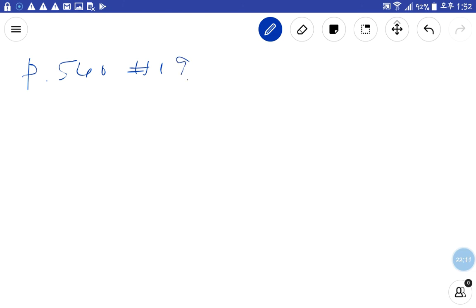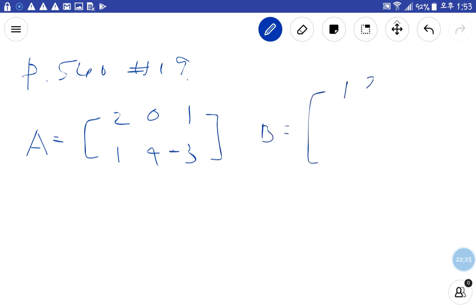Alright, number 19. So my A is 2, 0, 1, 1, 4, -3. And then my B is 1, 2, -3, 1, 0, -2. They are asking for AB, the product of AB first. What do I need to do first?